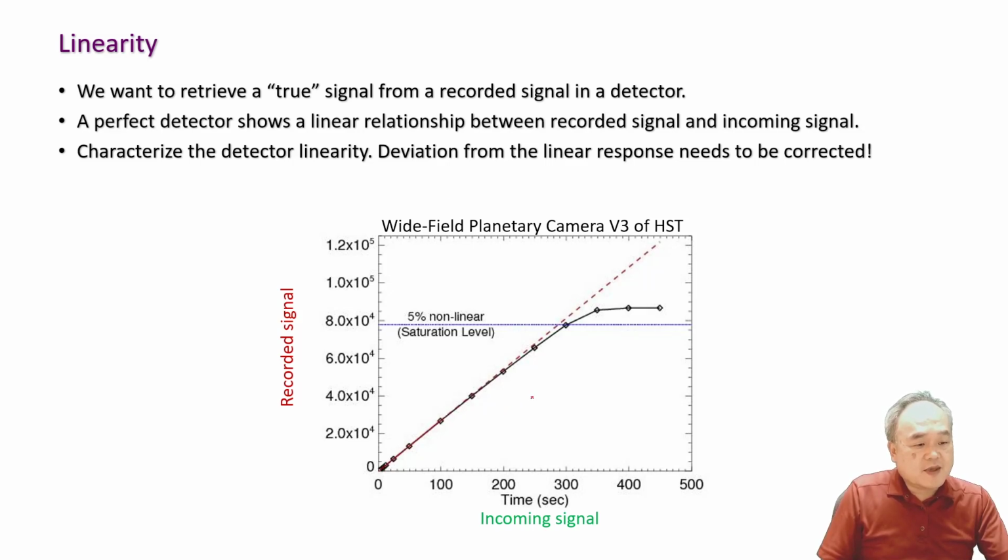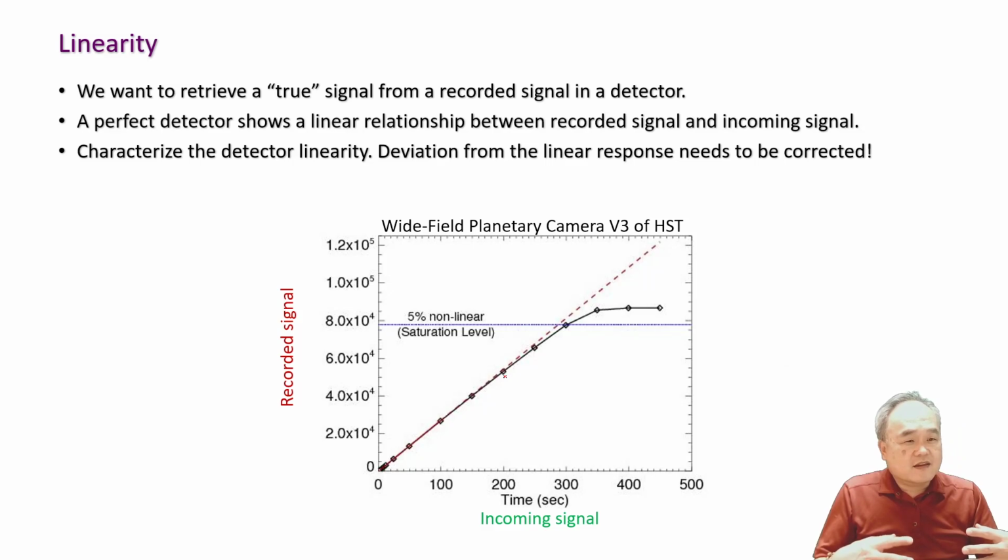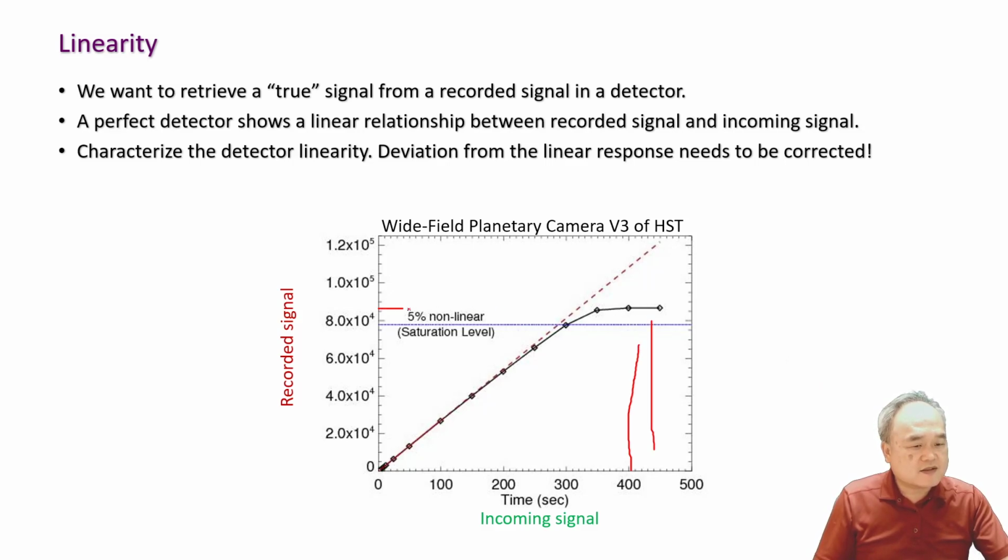Imagine that for a really bright object, the detector gets saturated, so that even if additional photons are coming in, the detected signal stays the same. So initially the nice linear relationship gets saturated. This level is the saturation level.